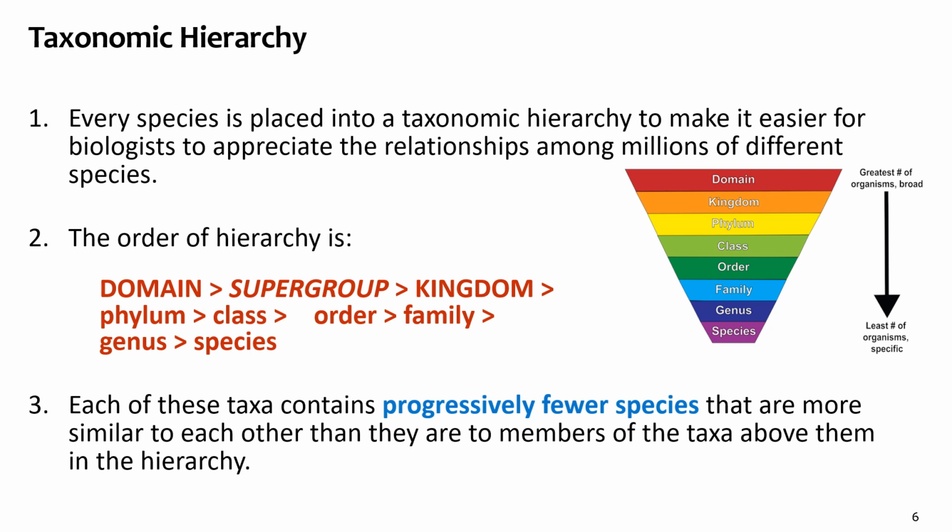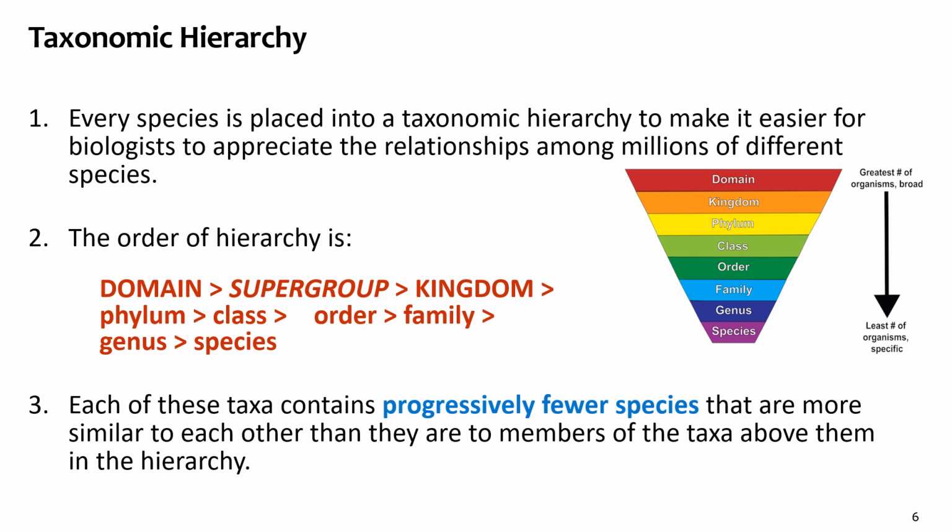So every species on Earth is placed into a taxonomic hierarchy as best we can all the way down to species. And the characteristics that define each of these levels in the hierarchy are going to depend on the type of organism. Bacteria are going to have specific characteristics, archaea have specific characteristics, and eukarya have specific characteristics.